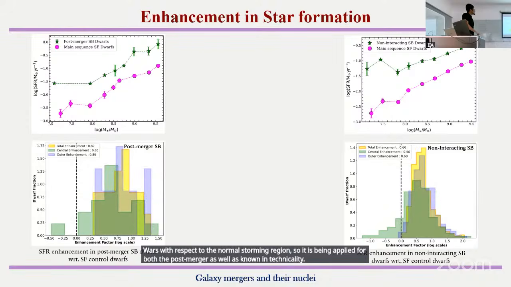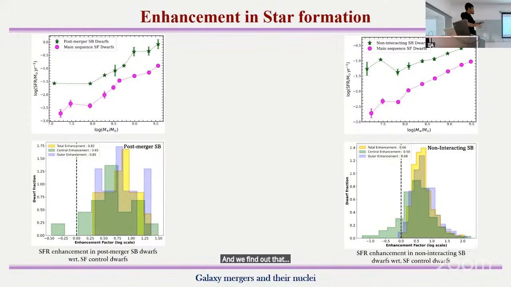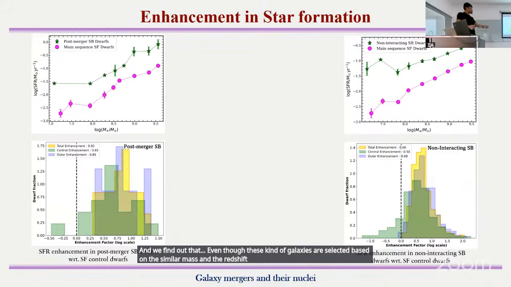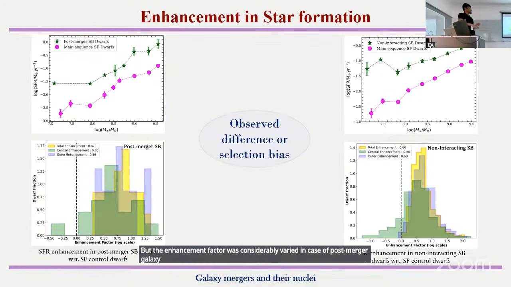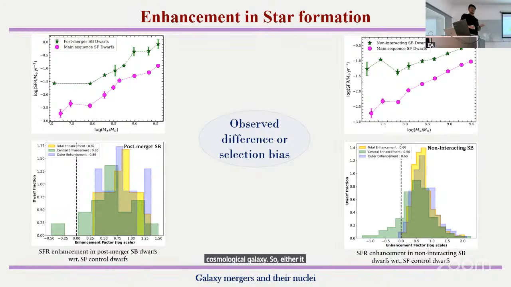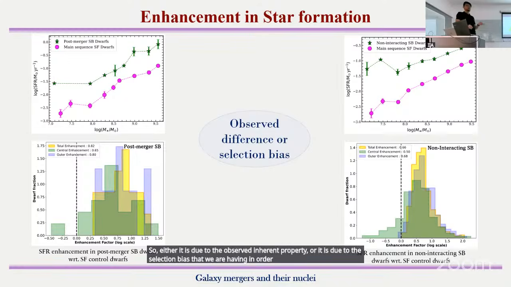We find that even though these galaxies are selected based on similar mass, redshift and environmental conditions, the enhancement factor varied considerably in the post-merger galaxies as compared to the non-interacting galaxies. It was some 1.5 times higher in post-merger galaxies. So either it is due to an inherent property, or it is due to the selection bias that we are applying in order to select the starbursts in our sample.